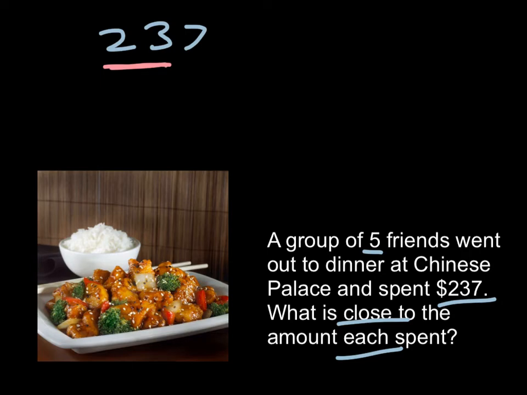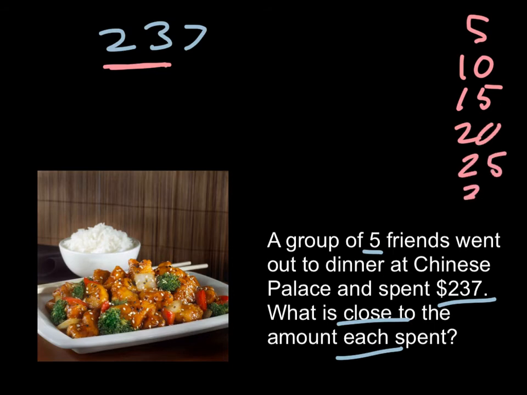So when we're listing out our 5s, we could do 5, 10, 15, 20, 25, 30. We'll stop there. So we see that 237 is in between 20 and 25. So we could change this into a 250.